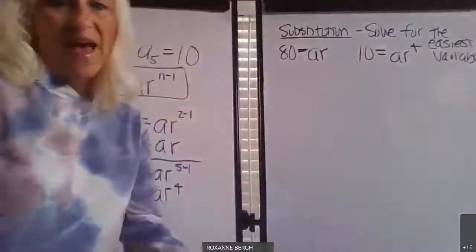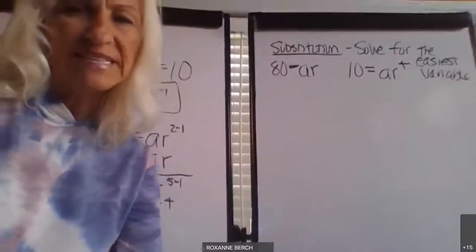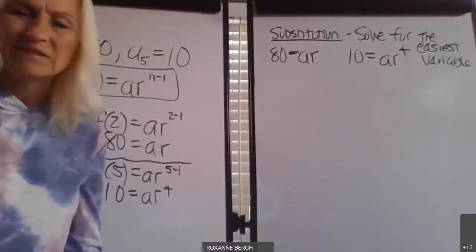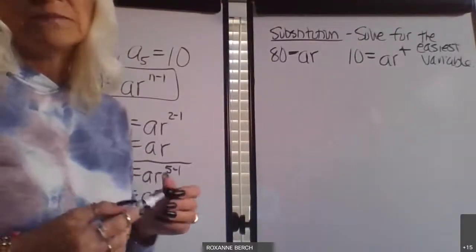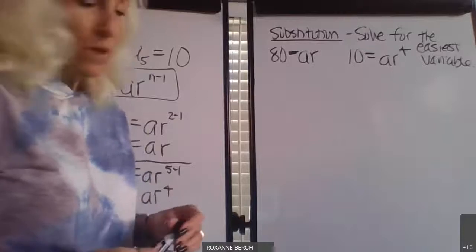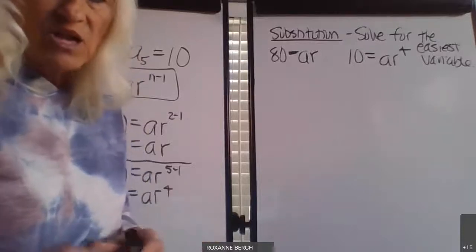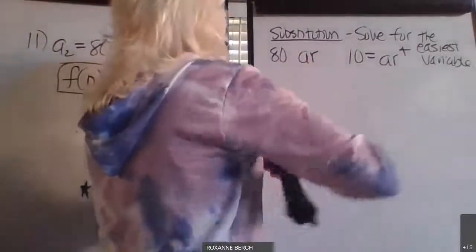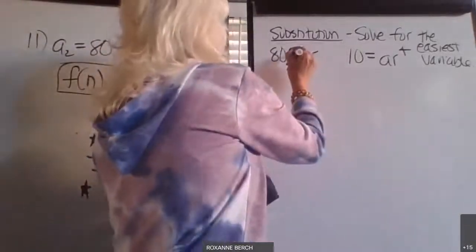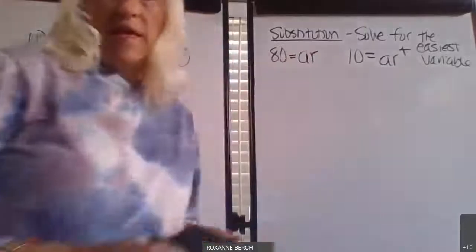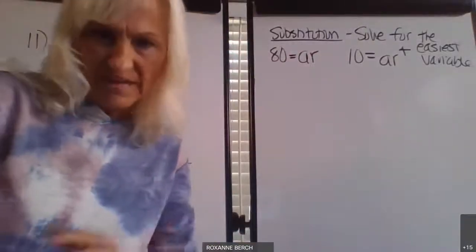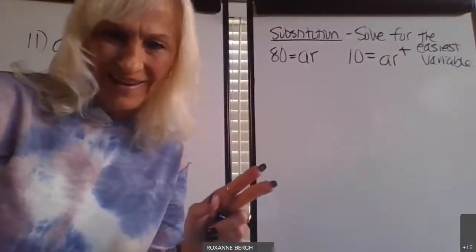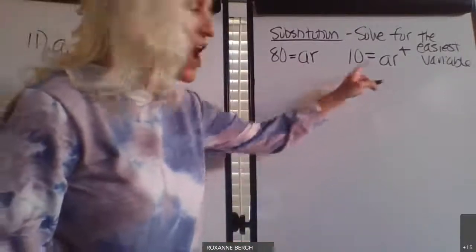Now, what do I mean by that? I'm saying solve for the easiest variable. What do you think I mean by that? Solve for the easiest variable. Okay, it means solve for a variable that doesn't have a power. Like solve for this a, that r, or that a.